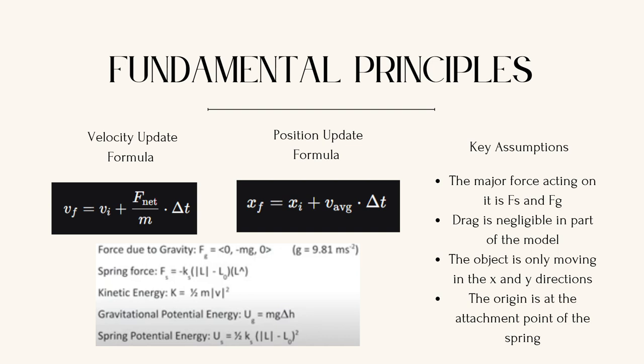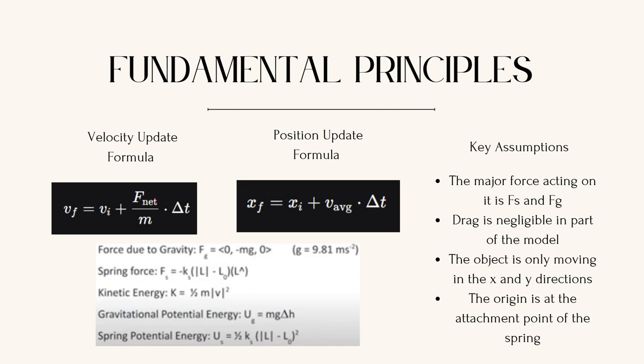We also need to use the velocity update formula, which says Vf equals Vi plus F net over m times delta t, and the position update formula, which is the final position equals the initial position plus the average velocity times the change in time. Then the force due to gravity is negative mg in the y direction, and g equals 9.81 meters per second squared.